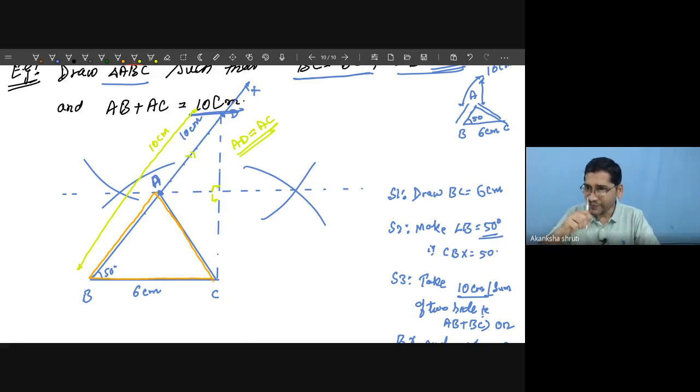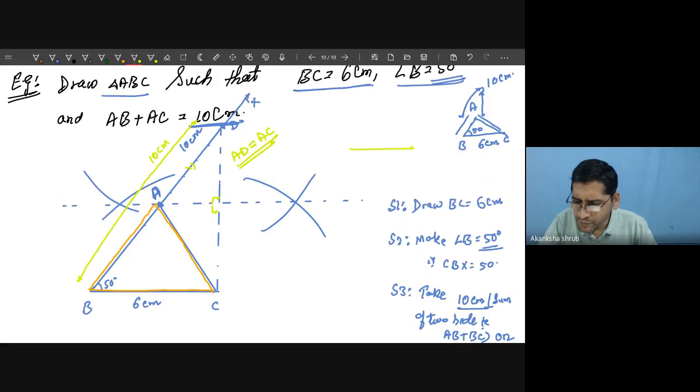Because any point on the perpendicular bisector is always equidistant, at equal distance, from the two other points. Say you have the points C and D, and you draw the perpendicular bisector here.